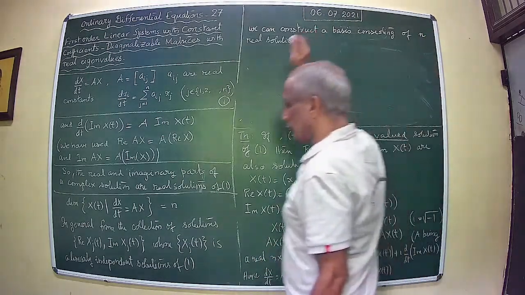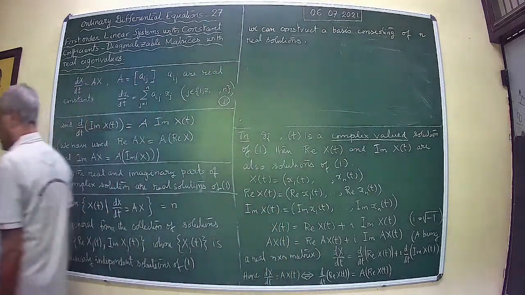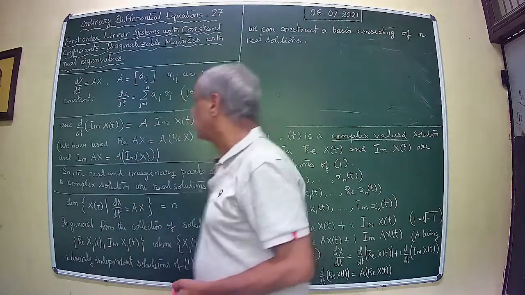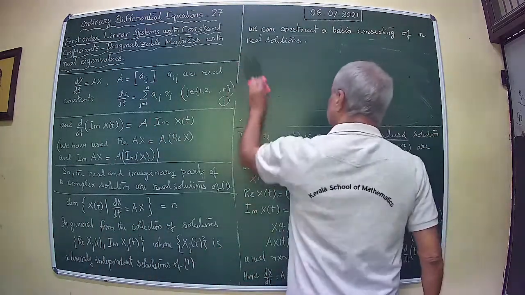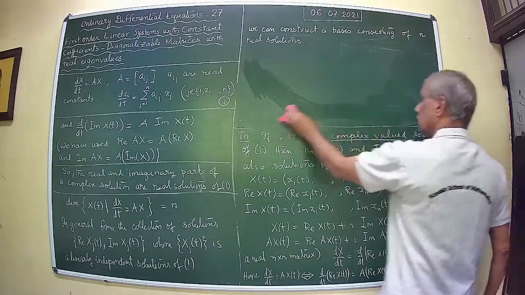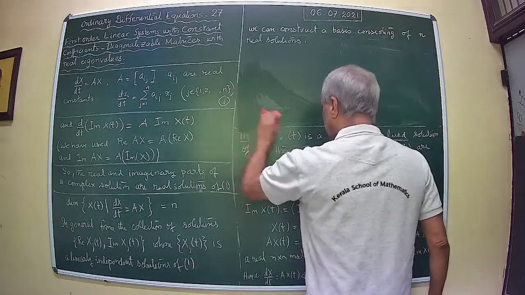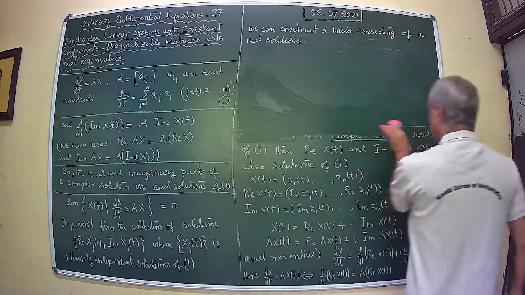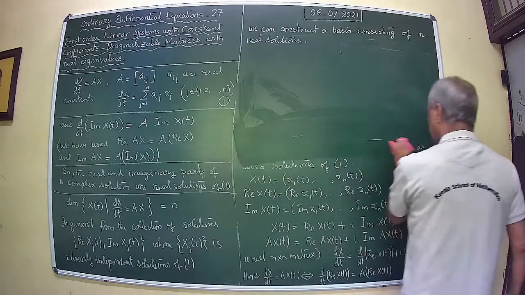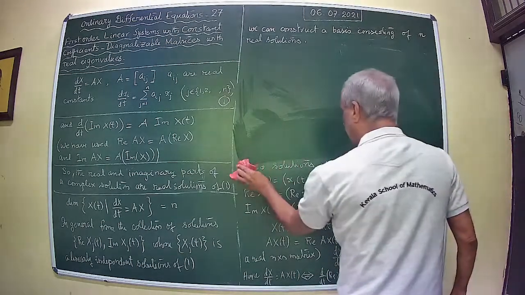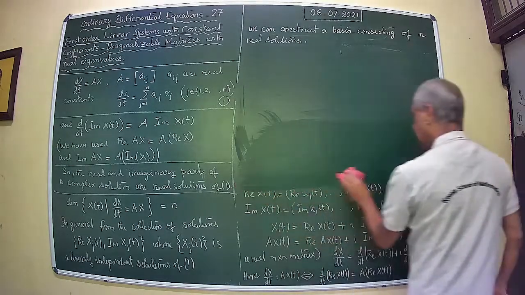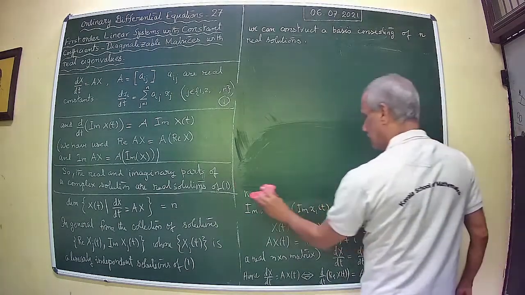Now this is one of the advantages that we have. We will return to this point later. Okay, so for the time being we'll just keep it in our mind that you can construct a fundamental set of solutions which are real solutions. So from a complex set of n linearly independent complex solutions, you can always construct a set of n linearly independent real solutions.